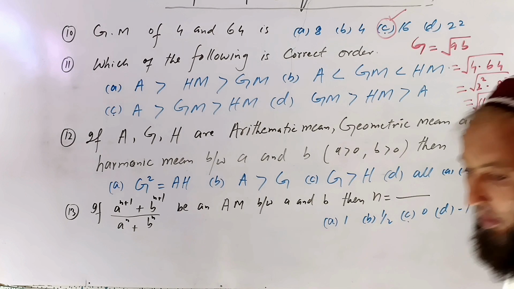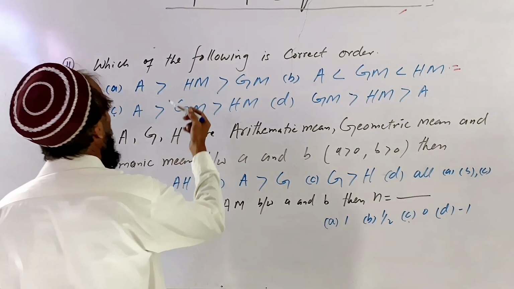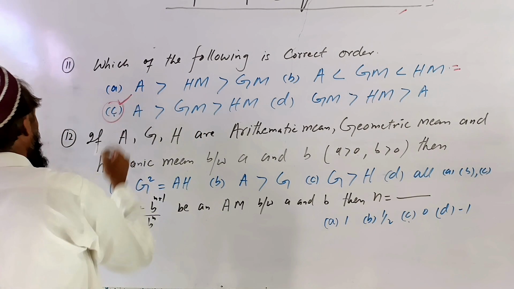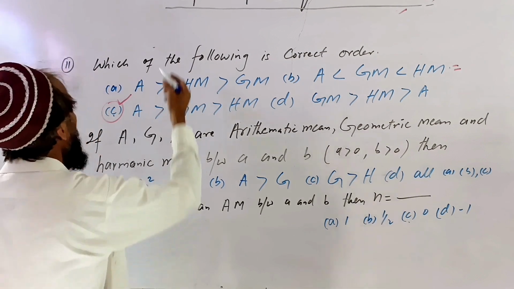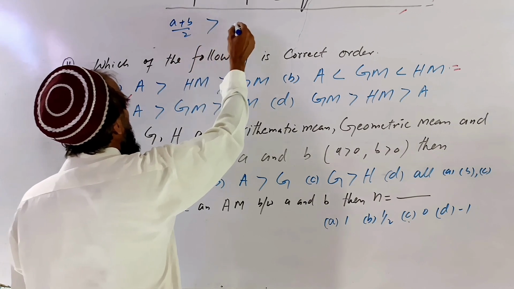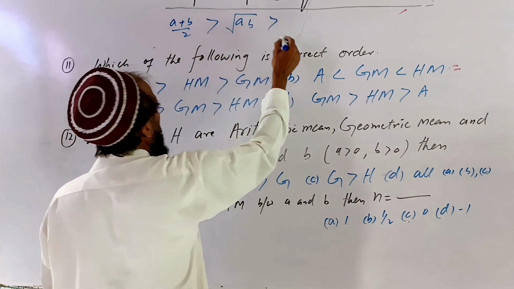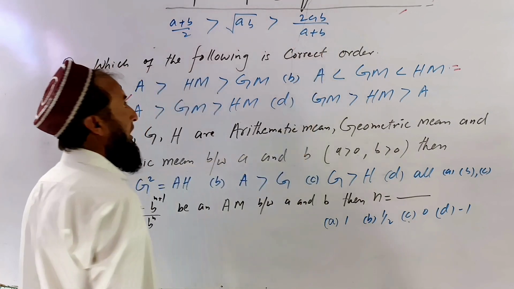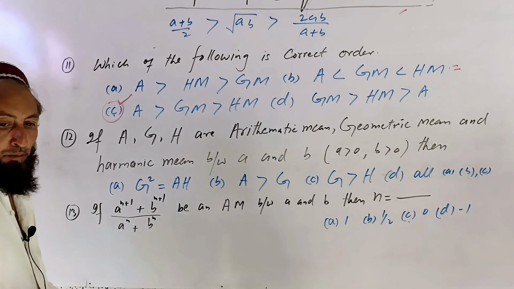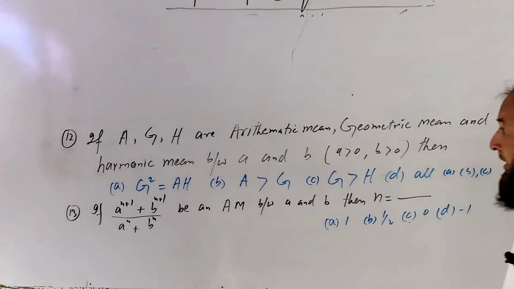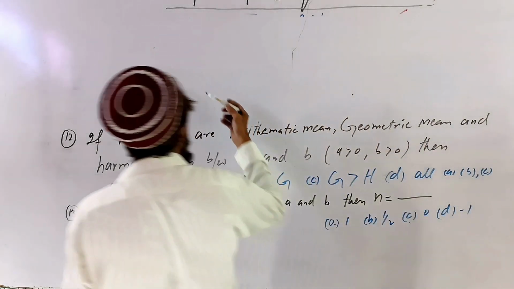If we use this formula and greater than harmonic mean, the correct option is C, because we know that the arithmetic mean, a plus b divided by 2, is greater than the geometric mean, square root of ab, which is greater than the harmonic mean, 2ab divided by a plus b. This is the formula; geometrically we have already done the proof. The previous question we have already done.